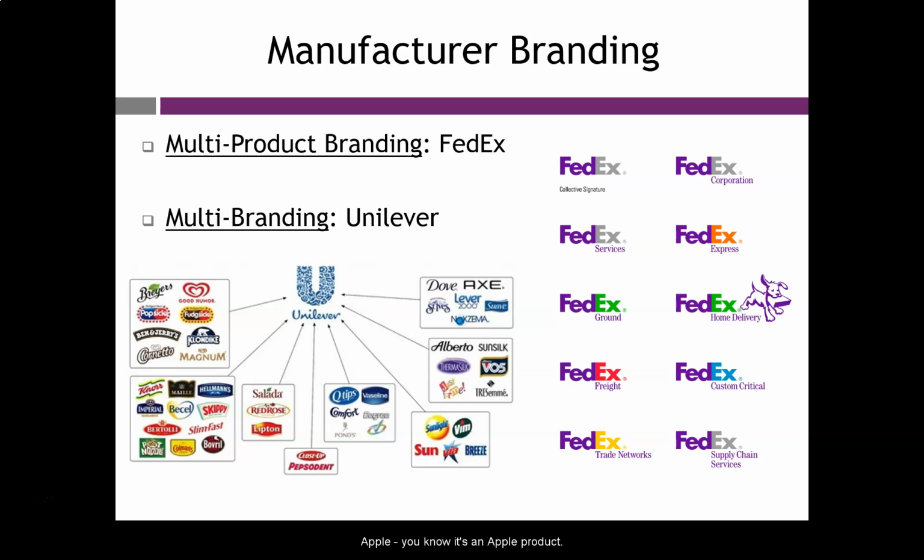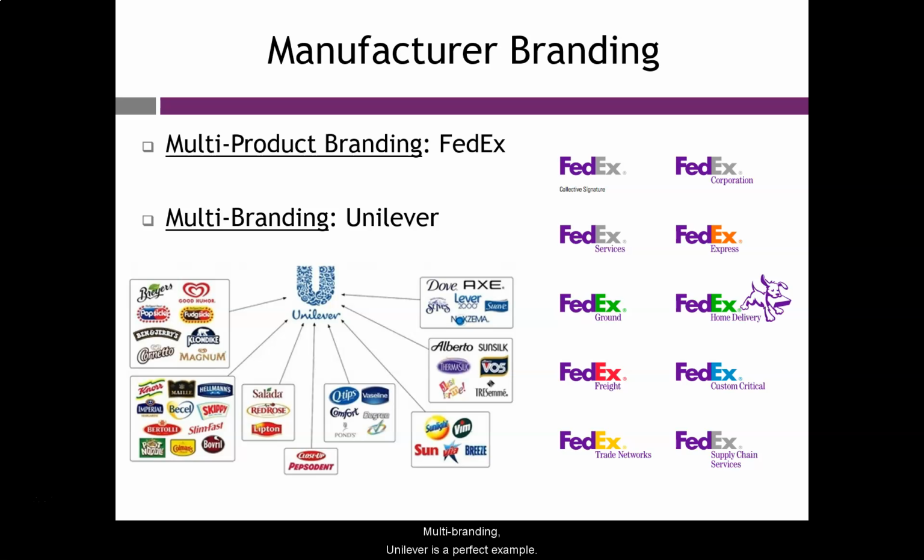You know it's an Apple product. Similar with Google. Google Earth, Google Maps, Google Images. Most of Google stuff comes under the heading of Google, but not everything. Google bought YouTube, and that still has separate branding. So both of those examples, Apple and Google, largely multi-product branding, but certainly not exclusively.